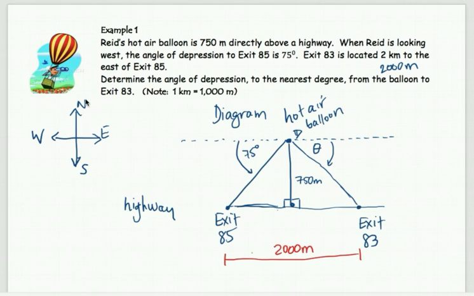Yeah, I guess that's it. So let's get a plan organized on how we're going to go about solving this. Our given information, what we need to find is theta, or you can call it x. That's the angle of depression for when you're in the hot air balloon and you look down at exit 83.